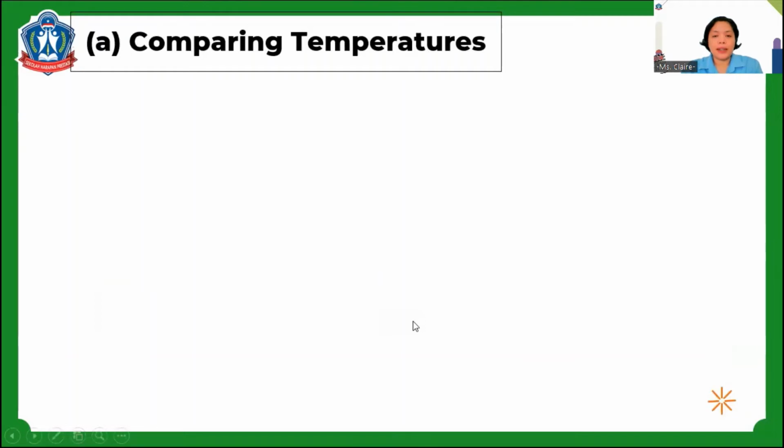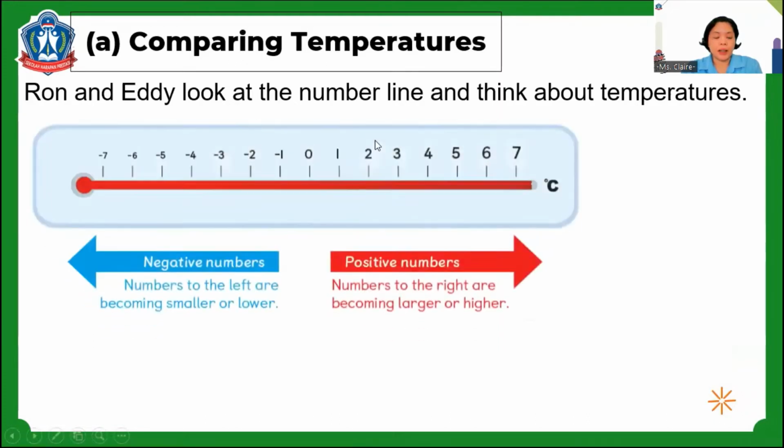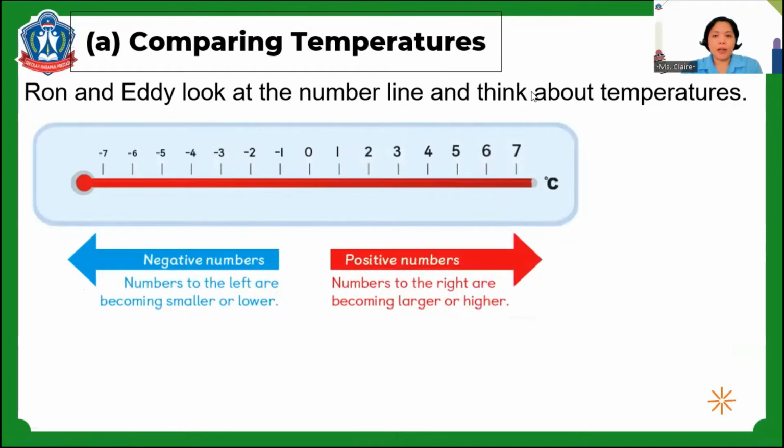Let's compare these temperatures. Ron and Eddie look at the number line and think about the temperatures. Take a look, we have here our thermometer. Negative numbers are the numbers to the left, and they are getting smaller or lower.